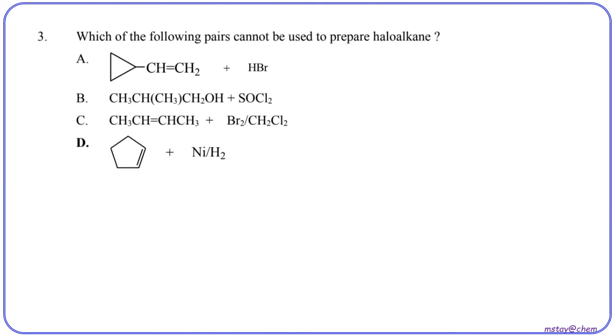Tutorial question number 3. When an alkene reacts with HBr, we are going to follow the Markovnikov rule, where the electrophile, which is the hydrogen, will attach to the carbon with more hydrogen. So it's CH3 and then this one is Br.